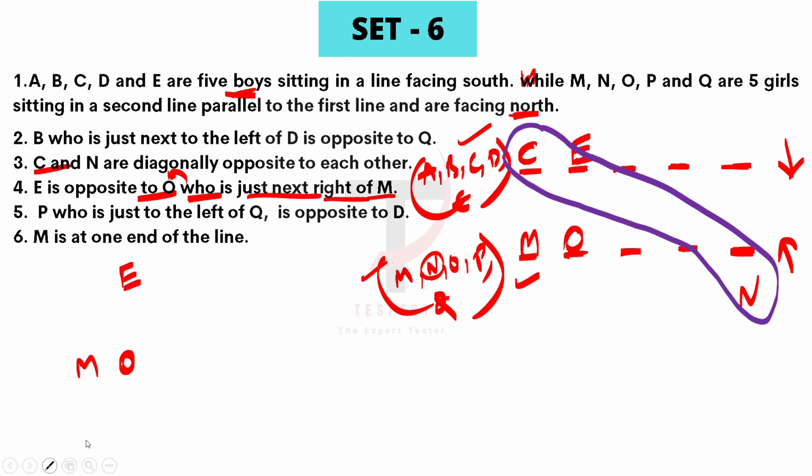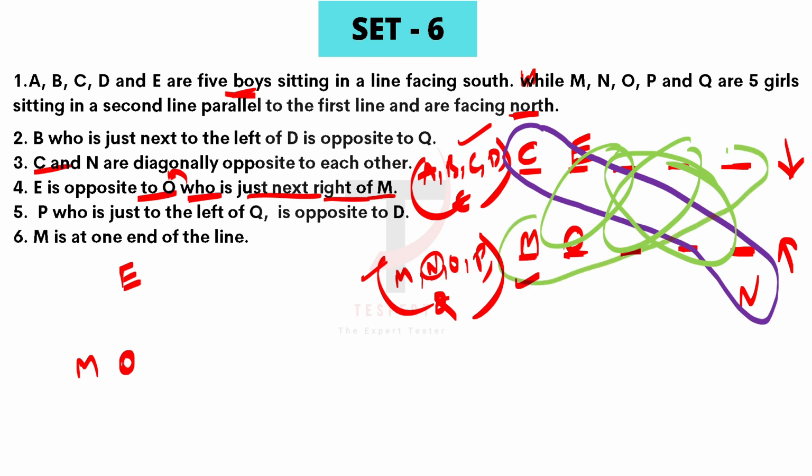Hope you got the difference. This is not a diagonal. See, this is not a diagonal. Nor this. This is also not a diagonal. This one is diagonal. This M and this one, C and N, these are diagonals. Okay, only the extreme ends.